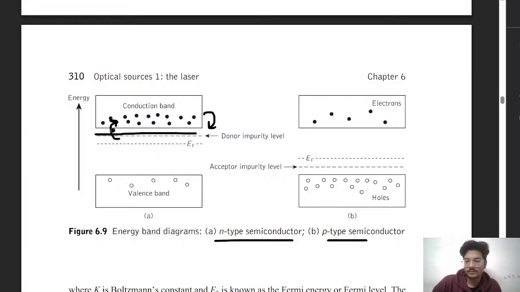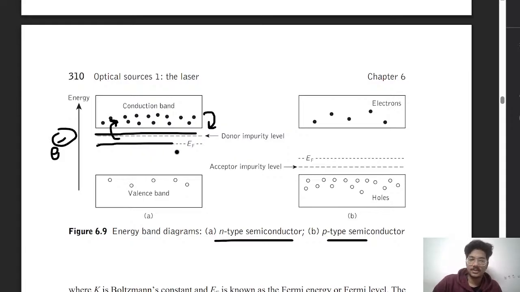The majority carrier is the electron, and the Fermi level shifts slightly upward, closer to the conduction band.